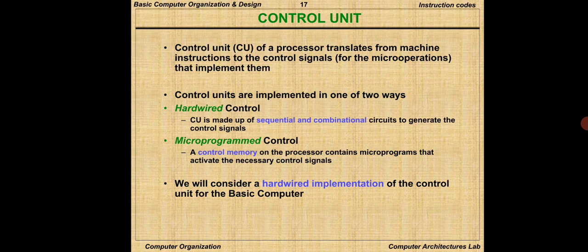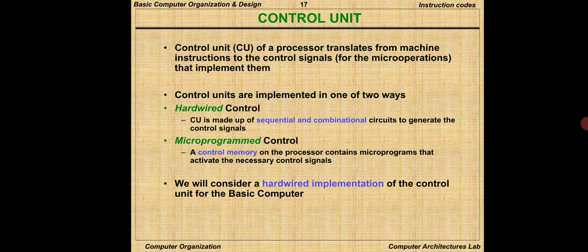What is a hardware control unit? A hardware control unit is one made up of sequential and combinational circuits to generate the control signals. Its internal structure is completely made up of hardware circuitry. To perform addition I will require an adder circuit. To perform subtraction I will use a subtractor circuit.